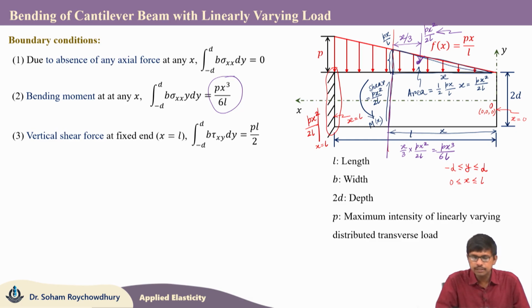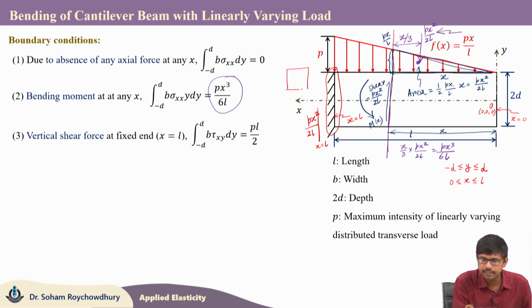Putting x equals L there, it would be p L by 2. So, the net vertical force on the left hand side would be the integral of b tau x y dy from minus d to plus d, and it should be p L by 2, and this is positive.